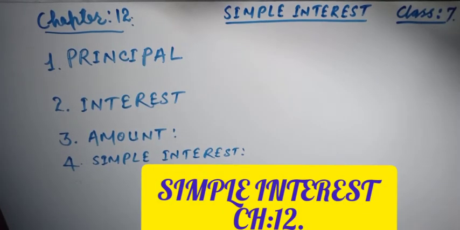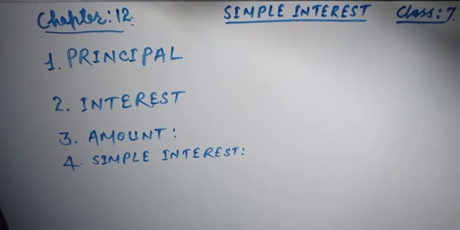Now see friends, the new chapter, simple interest, chapter number 12, class 7. First we will cover some important terms like principal, interest, amount, simple interest. Then afterwards we will go for some important formulae. So let's begin, friends.